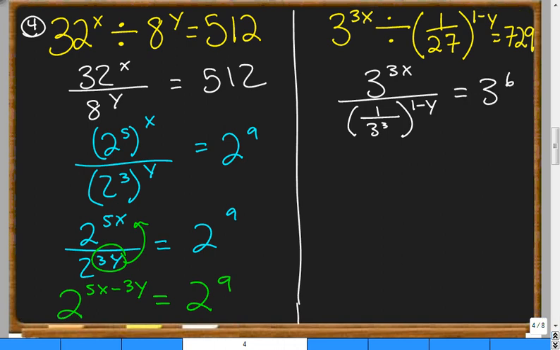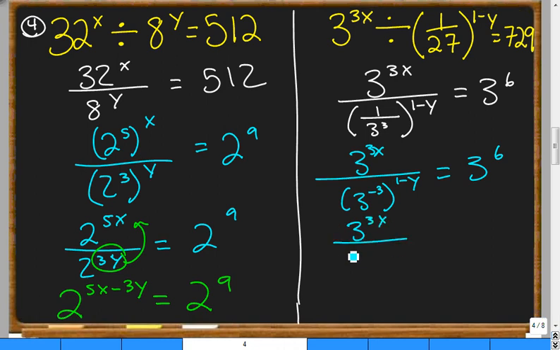So we've got 3 to the 3x divided by, this is the same thing as 3 to the negative 3 to the 1 minus y equals 3 to the 6th, which we can say is 3 to the 3x over 3 to the, remember we multiply our exponents, so negative 3 times 1 minus y is going to end up being negative 3 plus 3y equals 3 to the 6th.